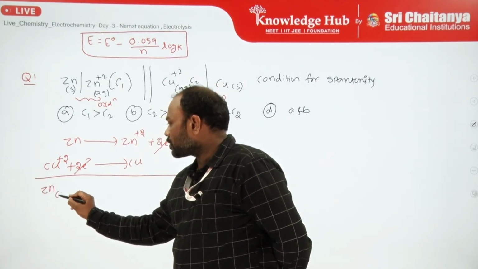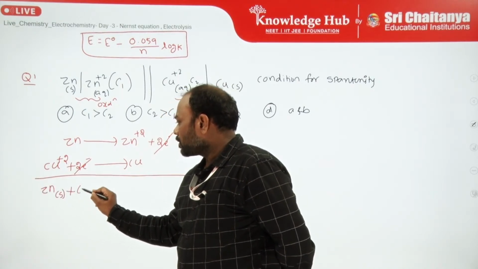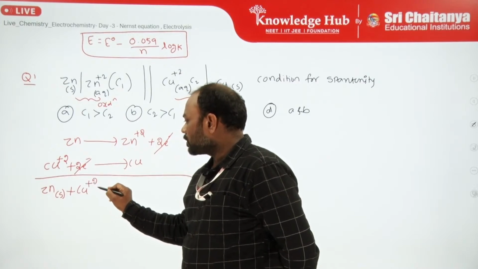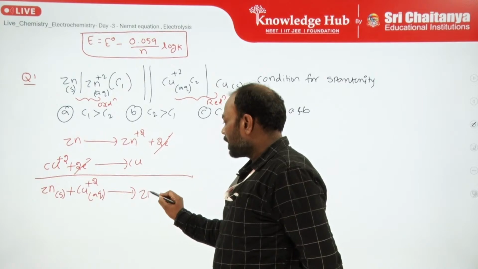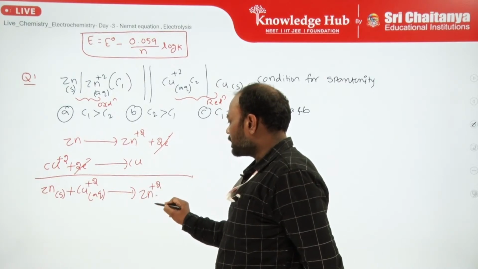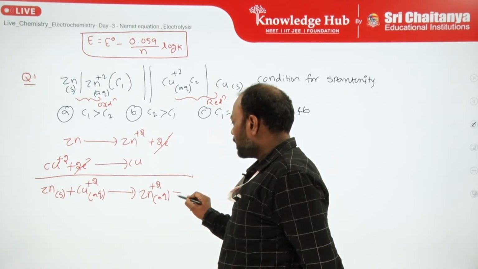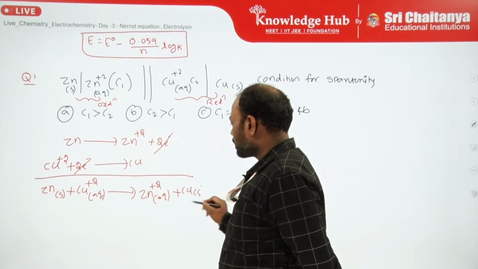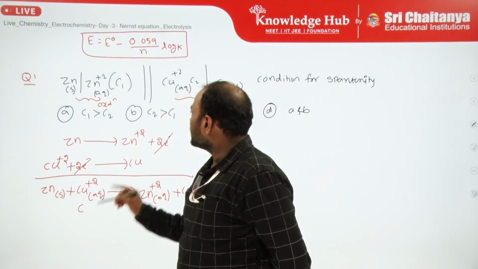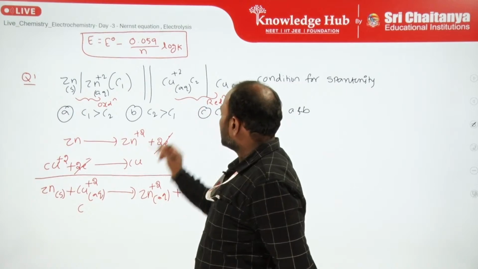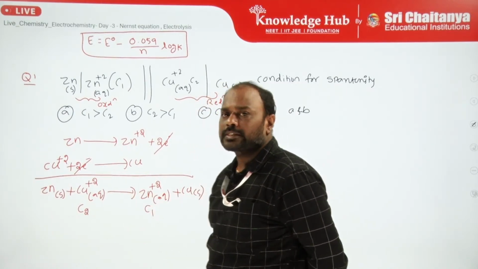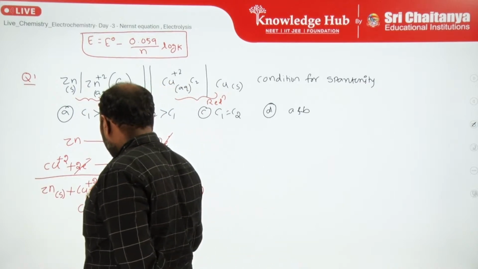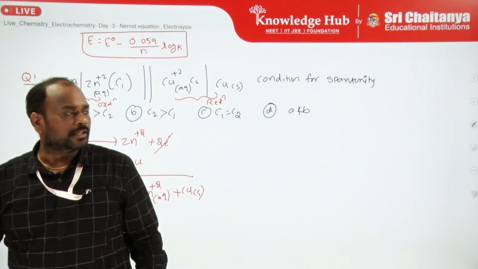Zinc solid plus Cu plus 2 aqueous gives rise to Zn plus 2 aqueous plus Cu solid. Copper concentration is C2, zinc concentration is C1. Both are present at equilibrium.